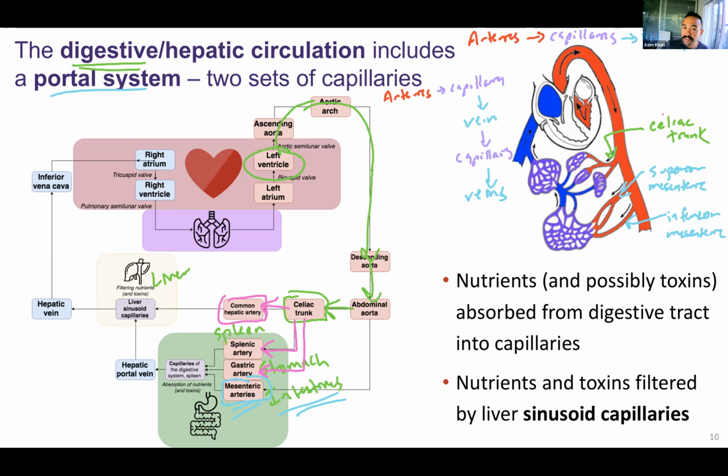So there are capillaries that go to the spleen, there are capillaries that go to the stomach. Let's focus here on this intestinal pathway. So I'm actually going to erase this here and redraw what's going on in the intestinal pathway.